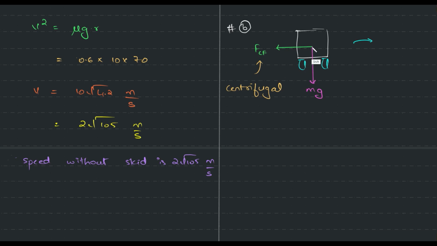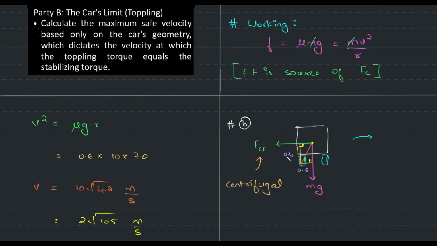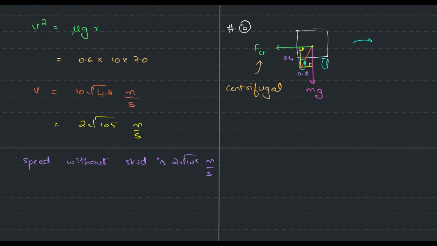So I need to consider on which point all of this is happening. This is the center, and that would be the line connecting the center of mass, center of gravity, with the wheel. These lengths will be your perpendicular distances, and this length is 0.6, and this is how much? 0.4 if I'm right. Again, I know the diagram is a bit small, so let me zoom in a bit.